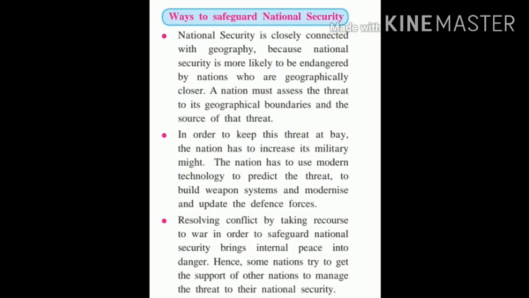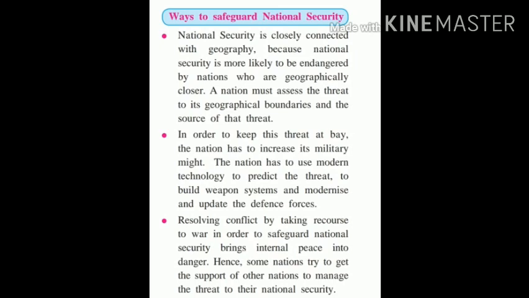A nation must assess the threat to its geographical boundaries and the source of that threat. So it is the duty of the government or the defense system to assess, that is, to guess the threat to its geographical boundaries, meaning from where we are having the threat to our country. That threat or danger they have to guess, and the source of that threat, meaning from where we have the exact threat, that we have to find out, and according to that they have to strengthen the geographical boundaries.